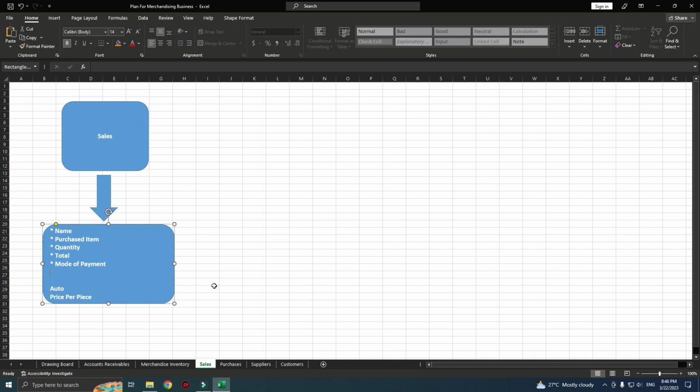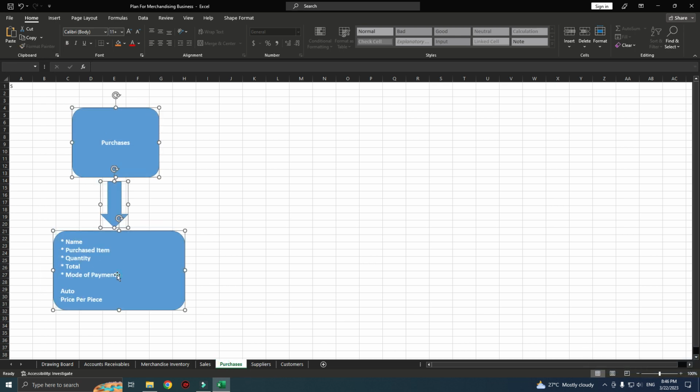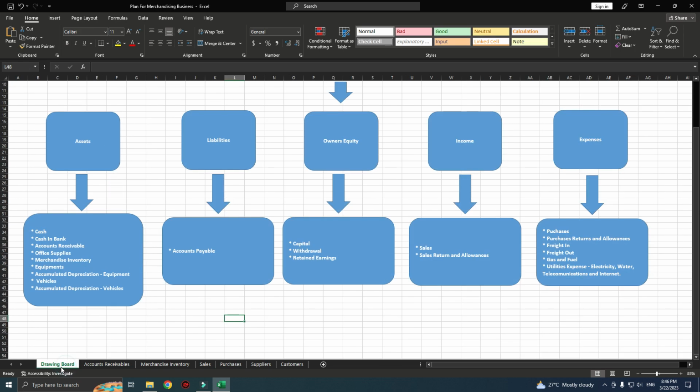So we will ask for terms of payment. We also have terms. So the terms may be 15 days, 30 days, usually for the accounts receivable only.